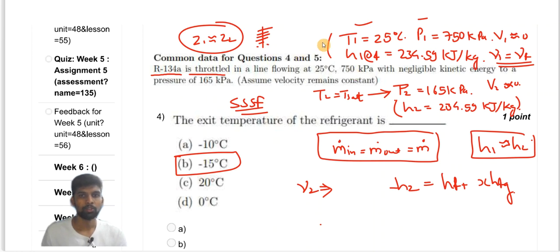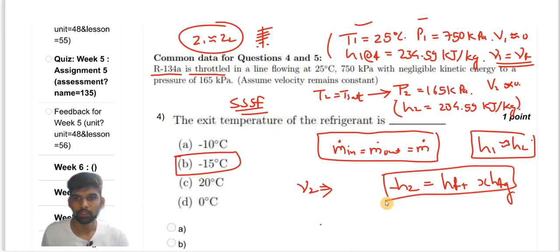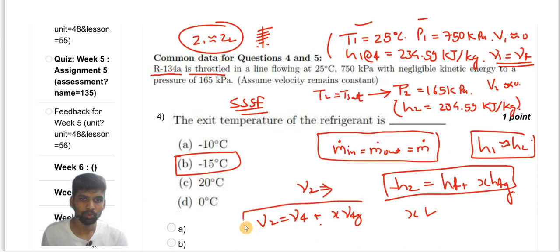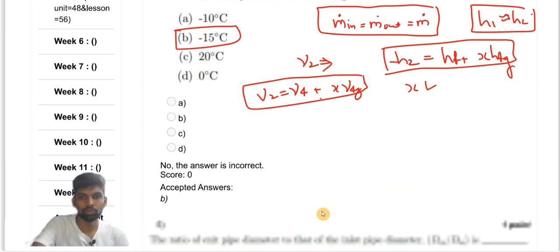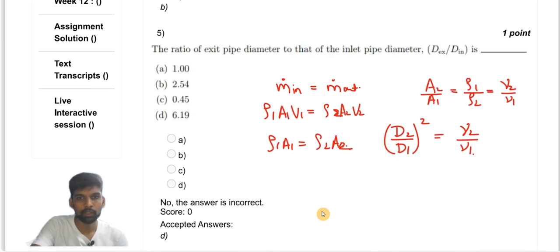So from here you will get the quality. Once you get the quality, mu2 will be known to us, that is Vf plus x times Vfg. So V2 is known, V1 is known. You will straight away calculate this ratio V2 by V1, and once V2 by V1 is known to us, take a square root of it. Straight away we will get the answer.